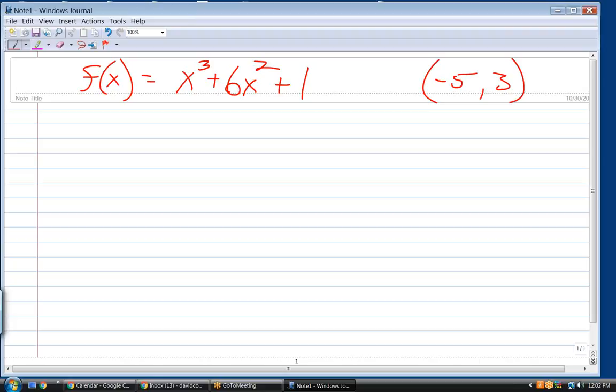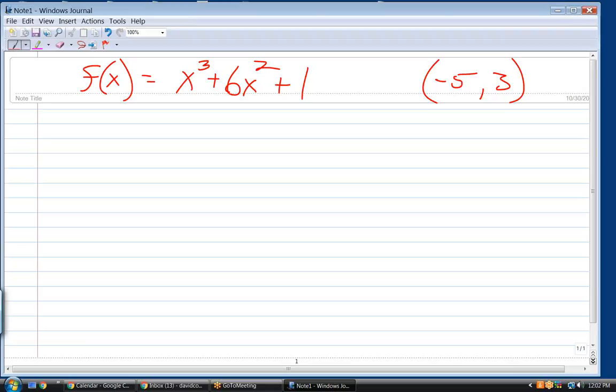So we want the absolute maximum and the absolute minimum in that interval. What's the concept that we're going to use here? How are we going to do it? First use the derivative.